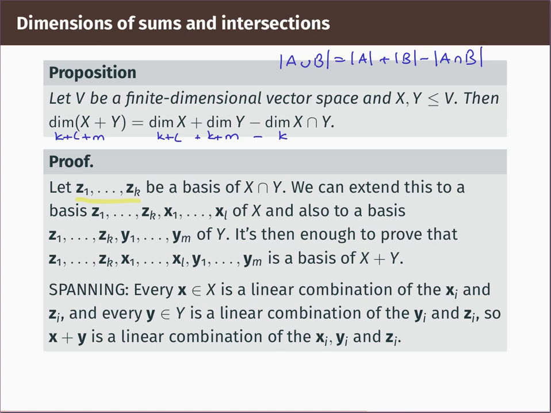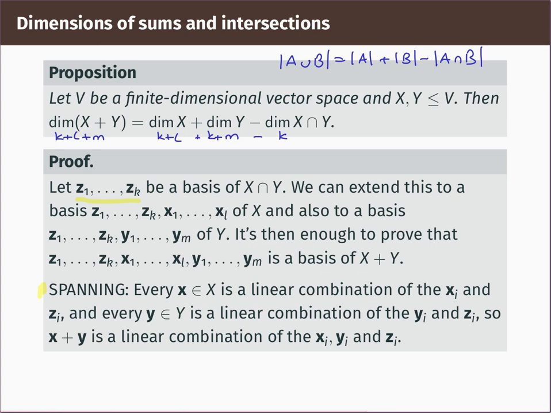To prove that that is a basis for X plus Y, we must prove that it is a spanning sequence and that it is linearly independent. So we'll begin by showing that it is a spanning sequence. Now every element of X plus Y is an element of X plus an element of Y. And every element in X is a linear combination of the x's and z's. Every element of Y is a linear combination of the y's and z's.